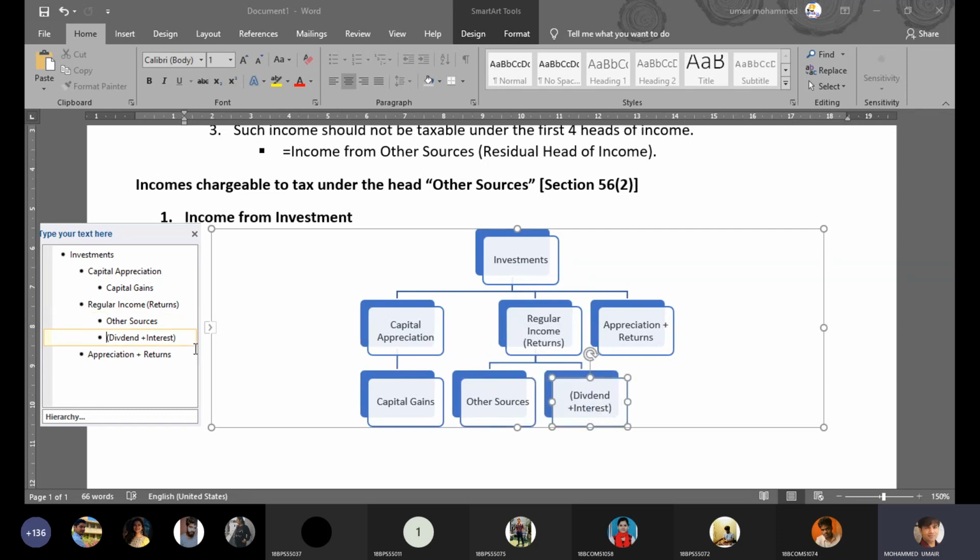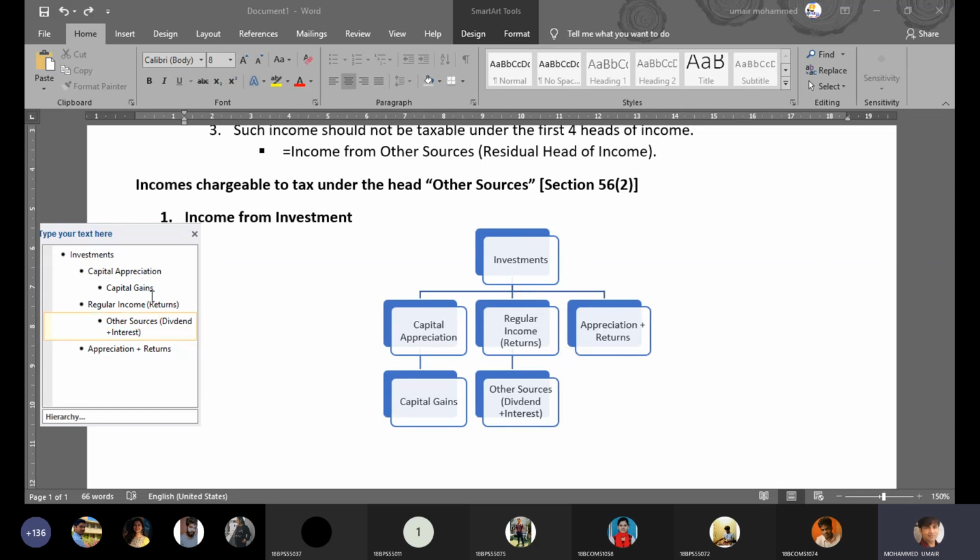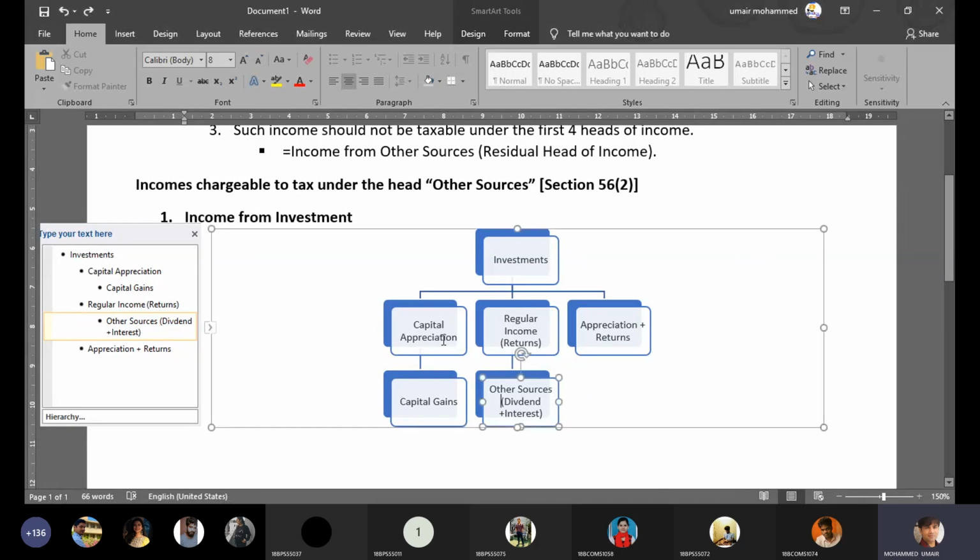So that's the reason I wanted to ensure that you understand the logic behind this classification. You should know where capital appreciation is taxable, and you should also know where regular income is taxable. So this is what we will be discussing now: on what do you get dividend?